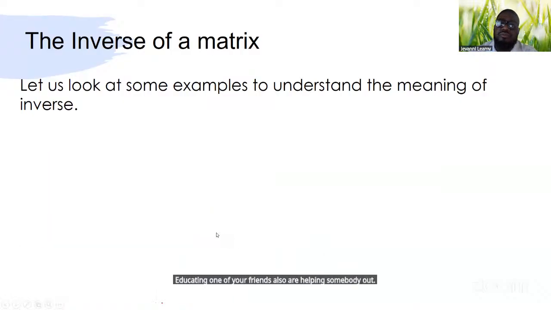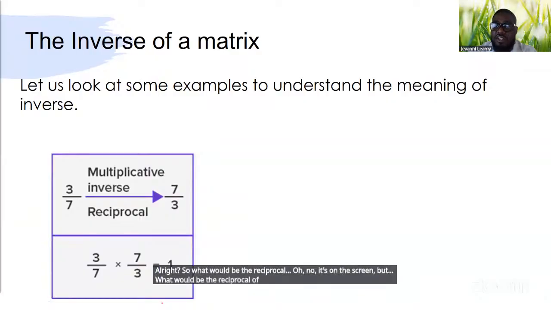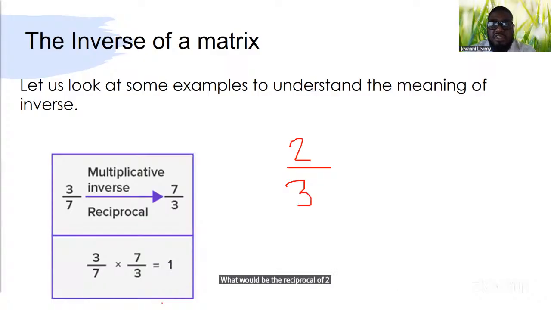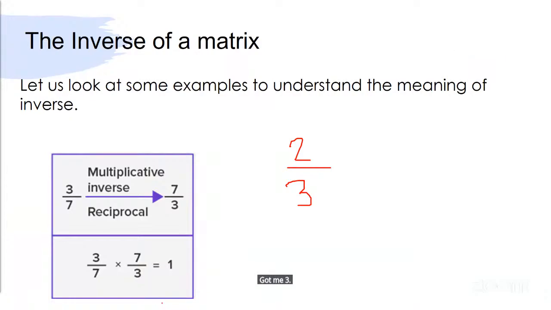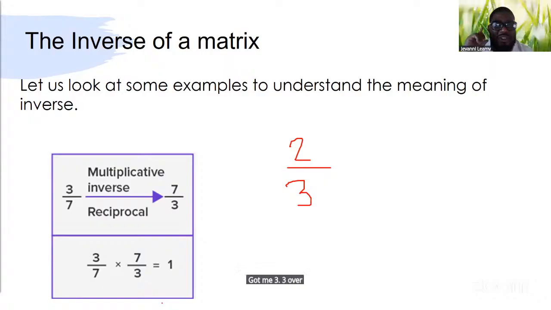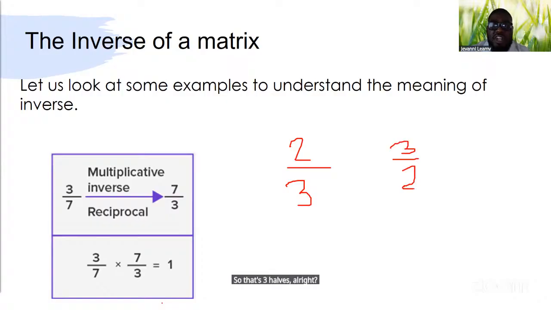All right, what would be the reciprocal of 2/3? Using the same notion that you're seeing on the screen right now, that'd be 3 over 2. We don't really say 3 over 2, but 3 halves. And what happens when I multiply them?